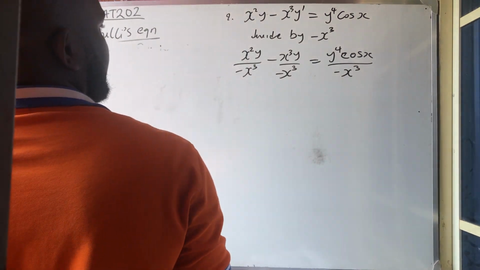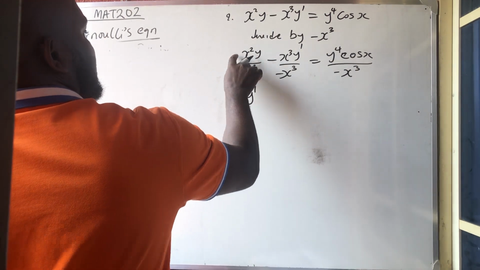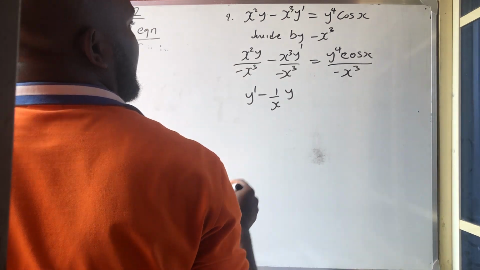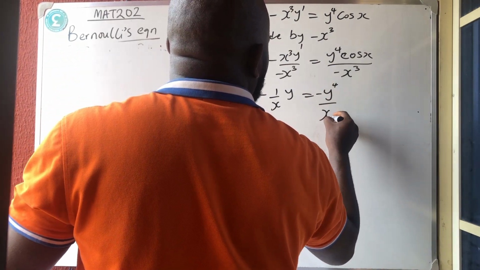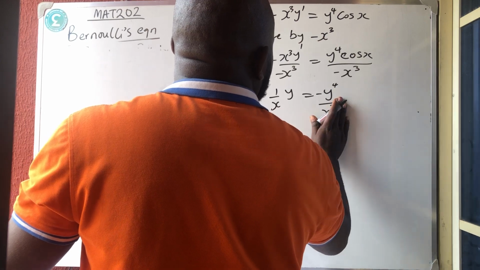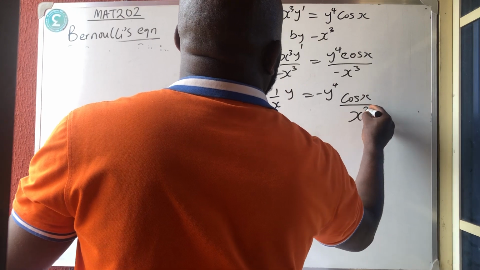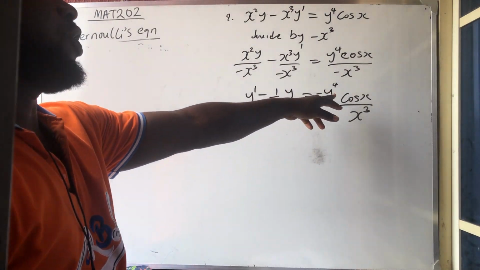So this and this is gone. So I'm having y prime remaining, plus minus is minus, I'm having 1 over x y is equal to minus y raised to power 4 all over x raised to power 3 cos x. So that is that. The problem I'm having is any y you are seeing at the right hand side.